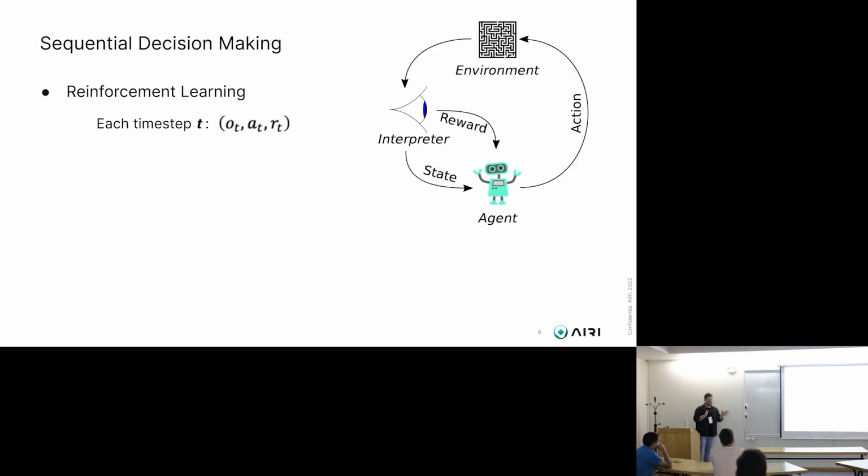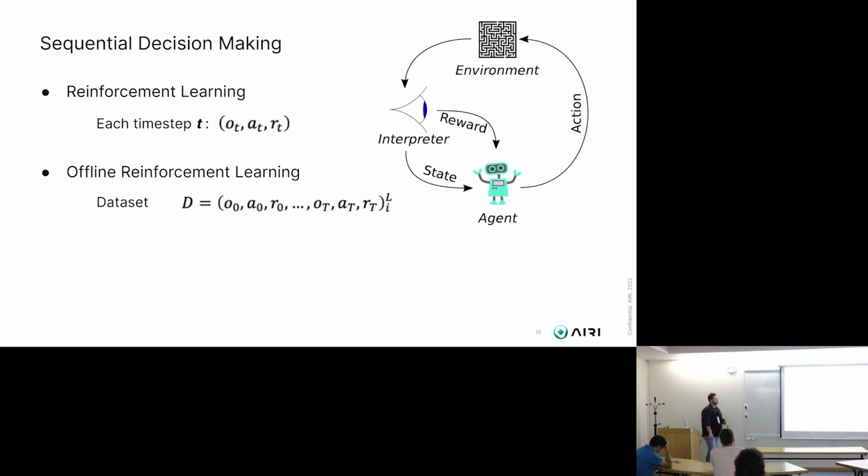Also I have to make some final remarks before moving to particular models: reinforcement learning is a kind of sequential decision making. And in this talk, I would talk not about reinforcement learning itself, but about its offline variant. Then we don't interact with the environment while updating our policy, but we have a predefined data set. These are trajectories.